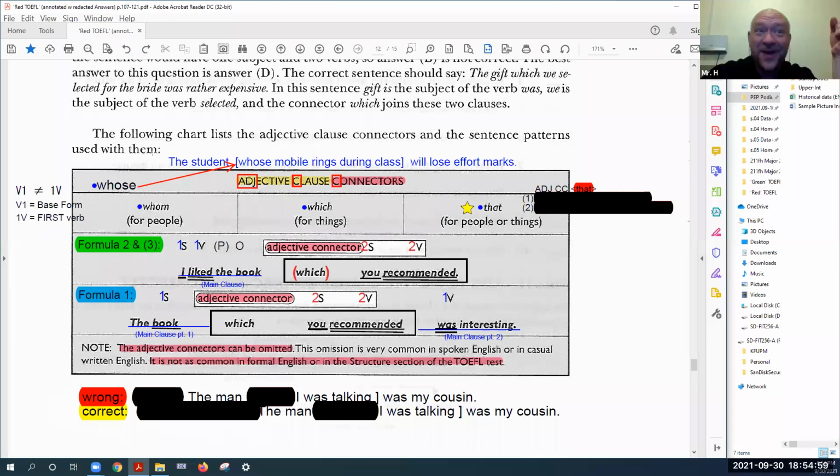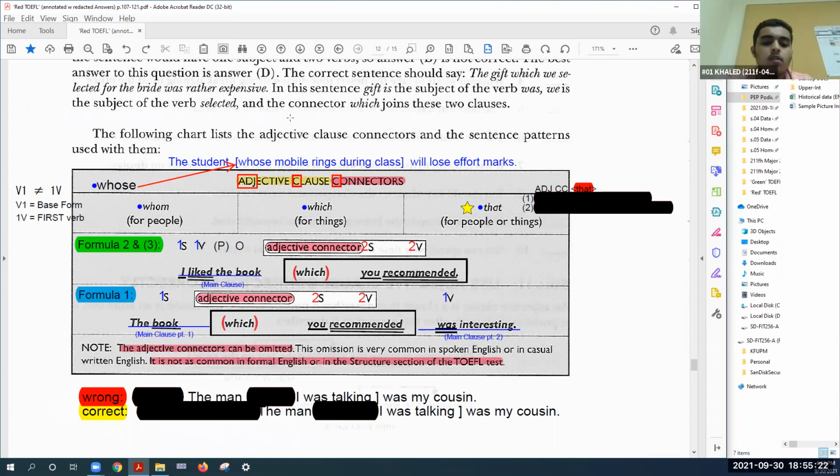It describes the subject, right? That's exactly right. And what about the connector? Optional or necessary? Optional. Read it without the connector, Faisal. The book you recommended was interesting. Bingo. Good.